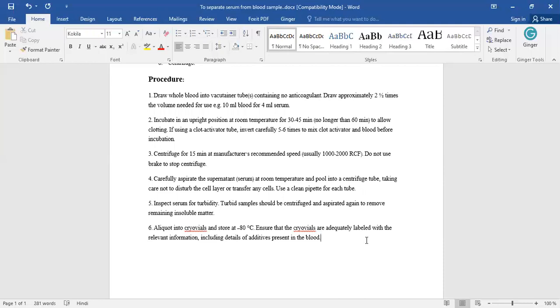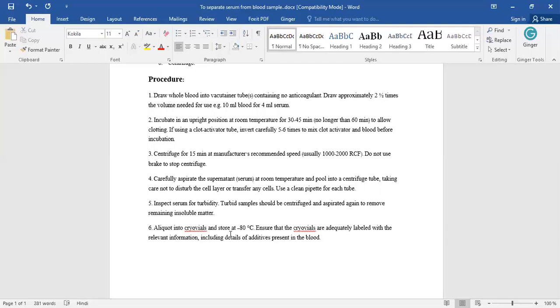After coagulation, we centrifuge it, and after centrifugation, we can aspirate our serum from the centrifuge tubes, and after collecting, we can store the serum in the cryovials for further processing and further uses.